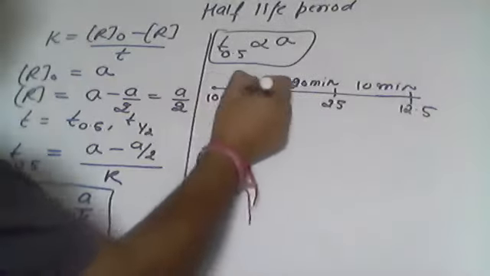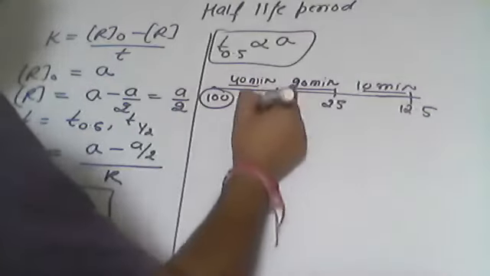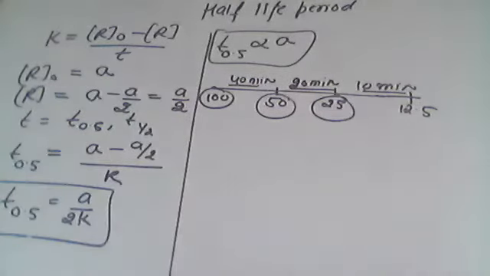So the half-life period is changing because it is directly proportional to the initial concentration. As the initial concentration changes from 100 to 50 to 25, the half-life period will also change, especially for a zero order reaction.